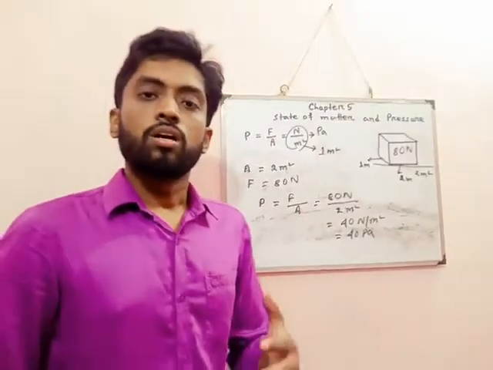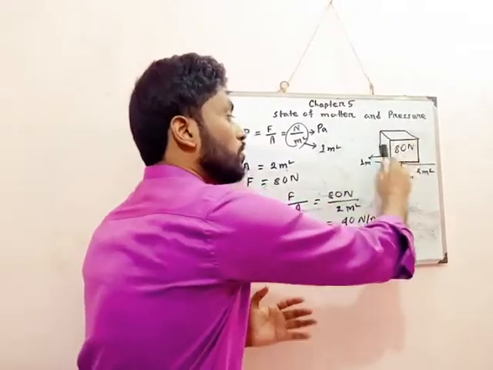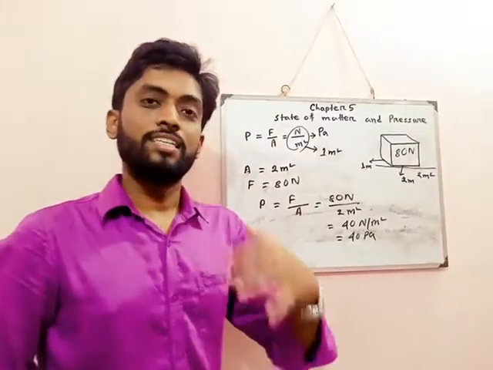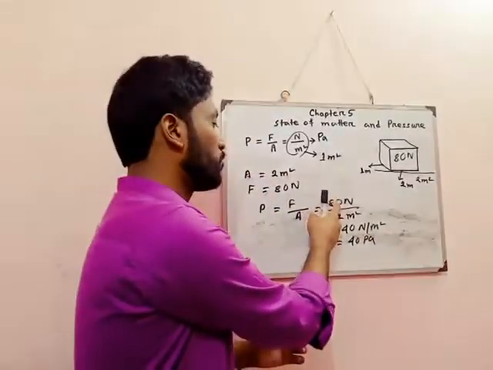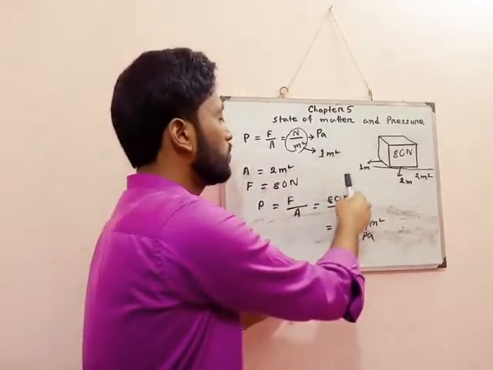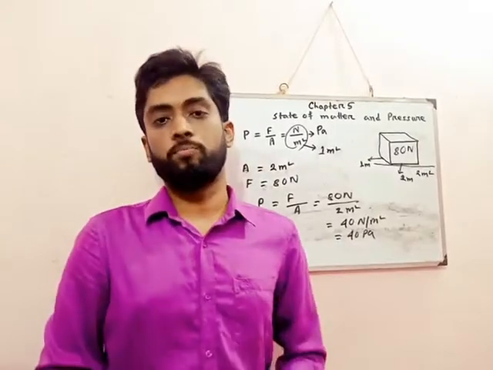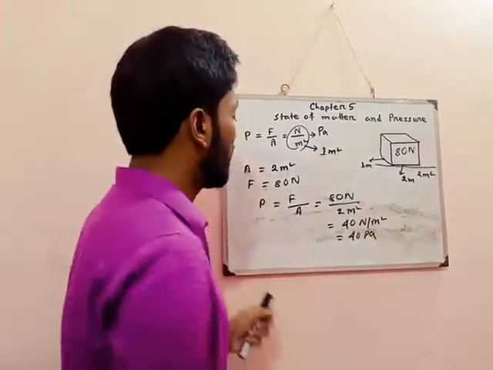So the amount of pressure exerted by the box on the table is 40 Pascal. Now I will show you how the same amount of force, that is 80 Newton, can exert different levels of pressure, with another example.